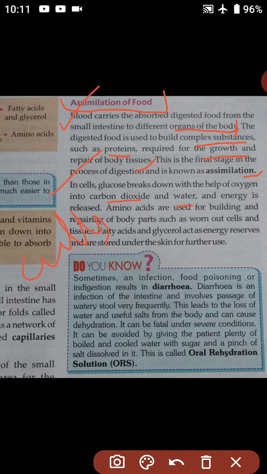Amino acids are used for building and repairing of the body parts such as the worn out cells and tissue. Why are amino acids used? For building the body parts and also for repairing the damaged parts such as the worn out cells and tissue. What is required? Amino acids. You have to keep in mind.